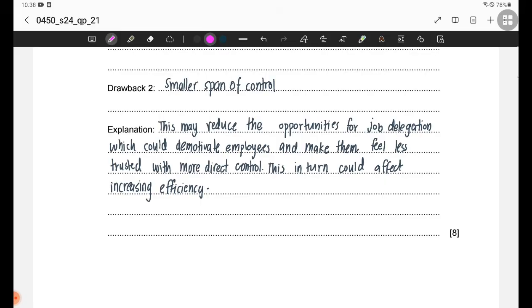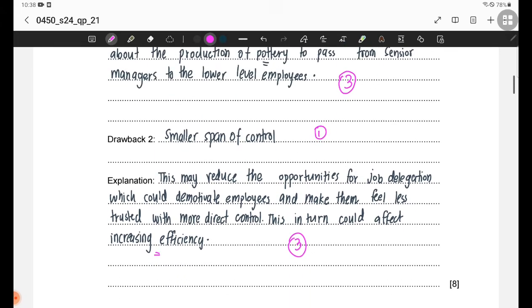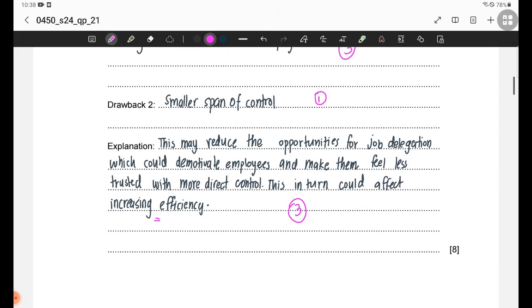Since there will be reduced opportunities for job delegation, this will demotivate the employees and make them feel less trusted, and in turn this would affect increasing efficiency. Here, increasing efficiency is the application for our answer. Like the previous one, this is 1 mark and this is 3 marks. There are more answers in the mark scheme. You can go check that out.